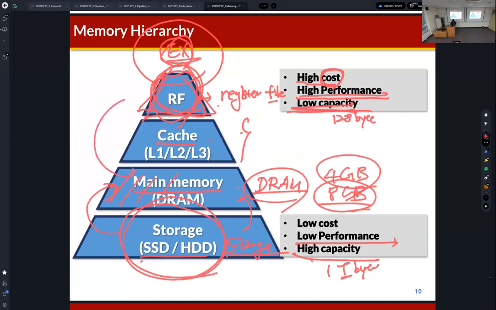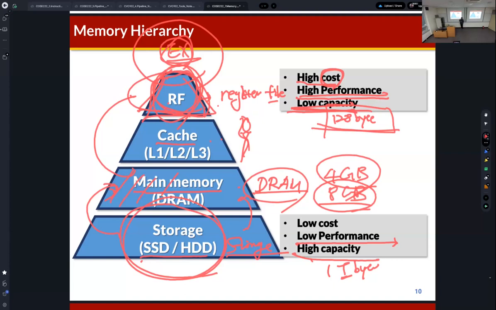And actually, the register file and the cache, we will learn about the cache later. The size of cache is smaller than the main memory, but the performance is higher. The register file can only store 128 bytes.